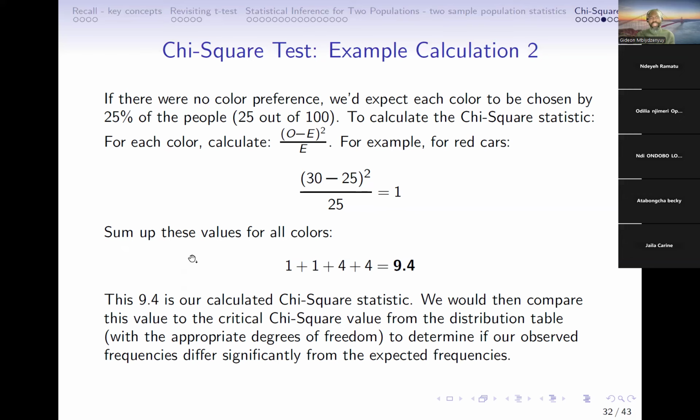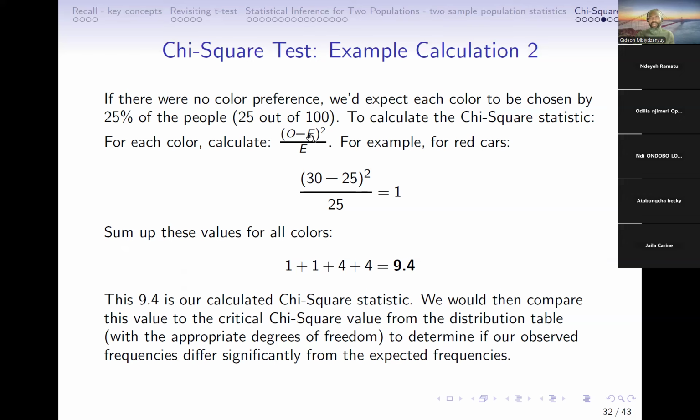So if we sum up these values for all colors, then we'll get 9.4. So 9.4 is calculated as the chi-square statistic. We'll then compare this value to the critical chi-square value from the distribution table, from the graph that we saw before, in order to determine if our observed frequencies differ significantly from the expected frequency. So the procedure is really straightforward.